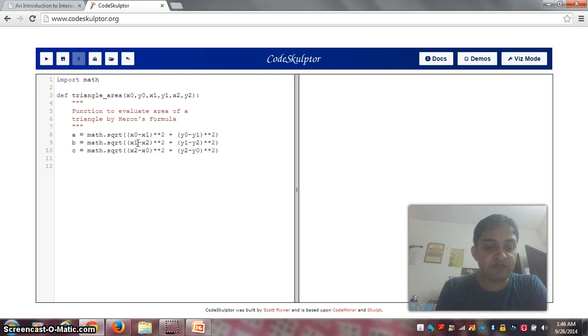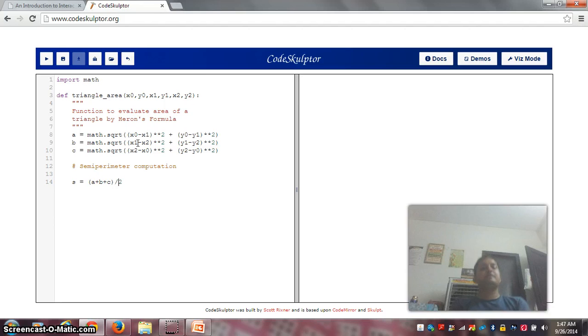Now we have to compute the semi-perimeter. We can right away get it as A plus B plus C by 2. Now here a word of caution.